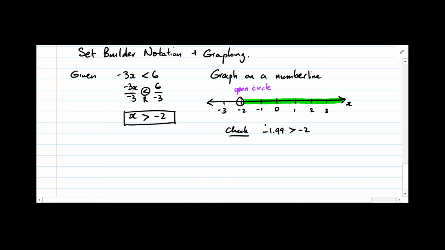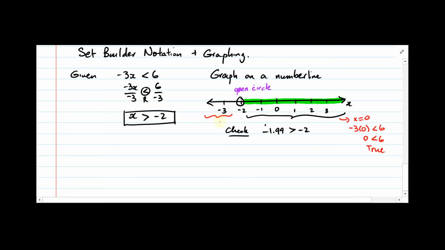If I take a number that's in this region, say, let us check x equals 0 in my inequality. Negative 3 times 0 is less than 6. 0 is less than 6. That's a true statement, which is why 0 is in the shaded region.